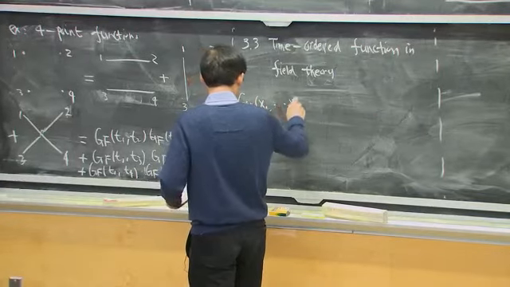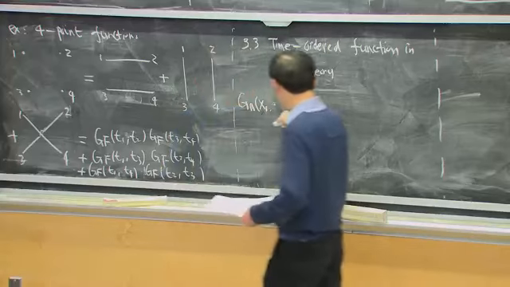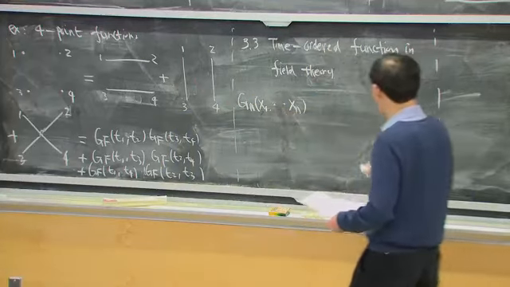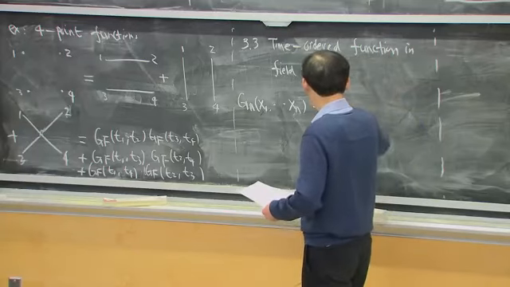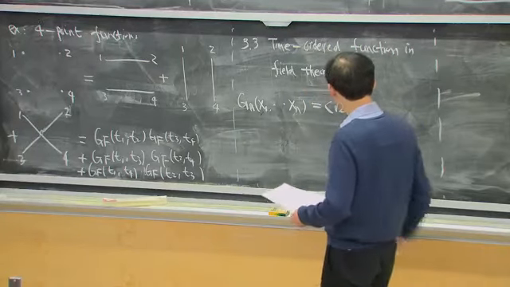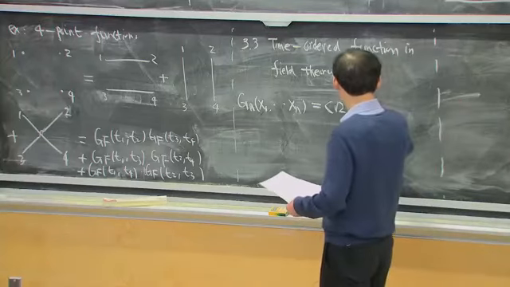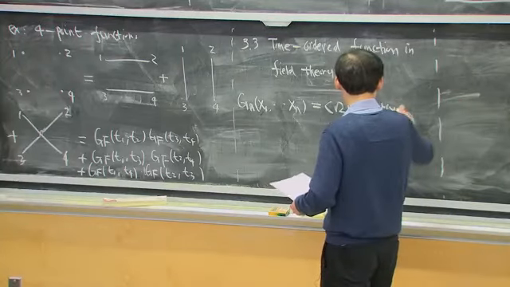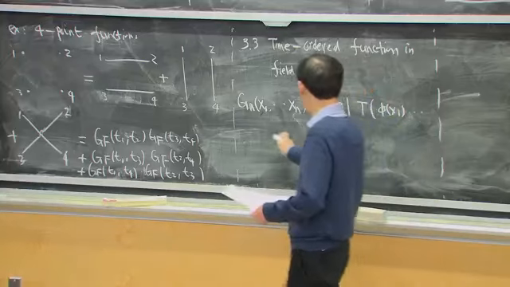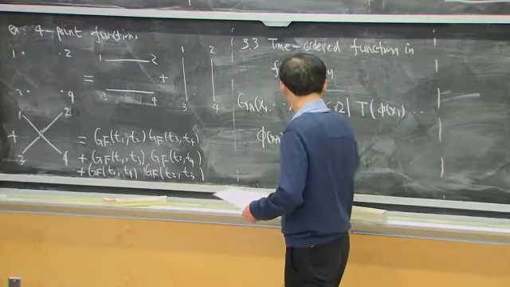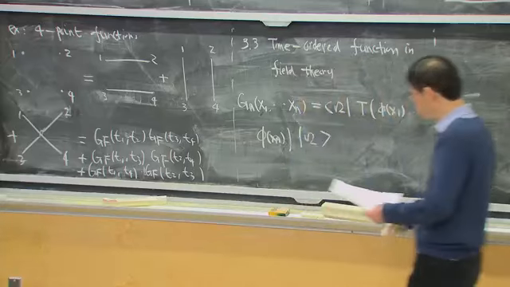Suppose we consider this n-point function, where x1 to xn now denote space-time points. Previously we called the vacuum for the field theory in the interacting theory omega. So now you consider this quantity, phi x1 to phi xn, this n-point function between the vacuum.